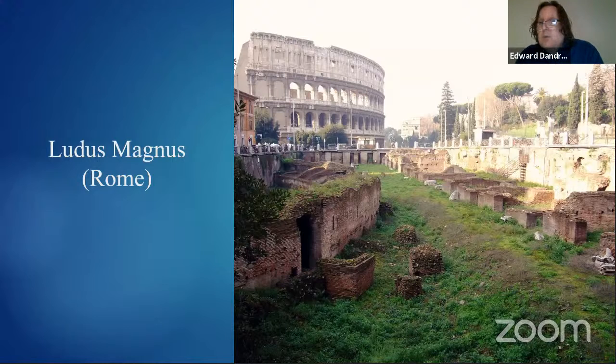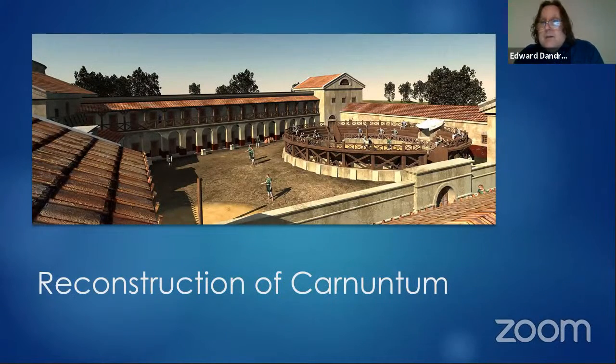For a long time, the one at Pompeii was the second one. And then in 2011, ground penetrating radar found another one. And this one's really peculiar because it's in Carnuntum, which is about 45 miles east of Vienna, Austria. So this is right on the front, so to speak, or the boundary of the Roman Empire.